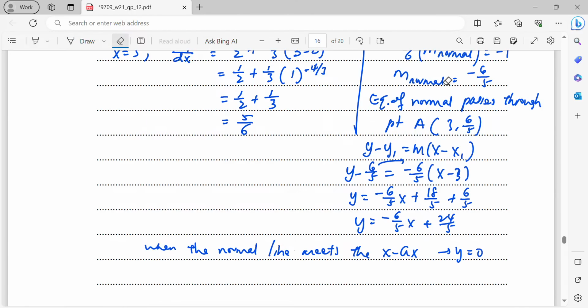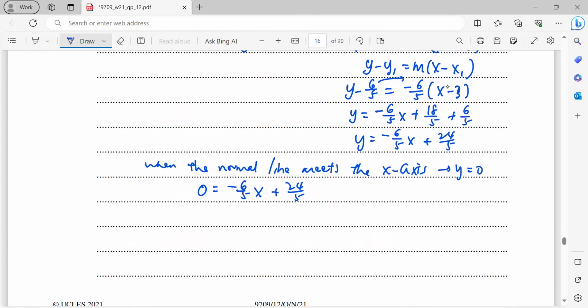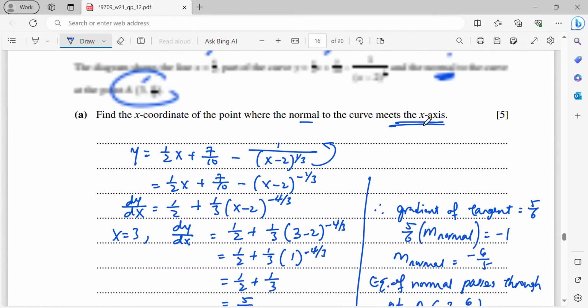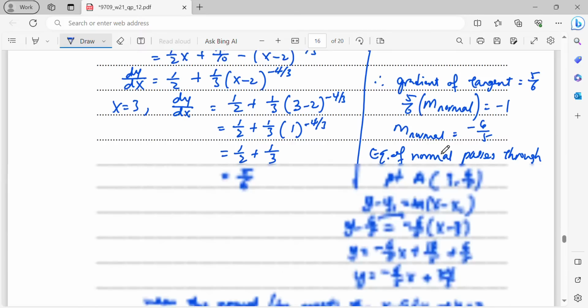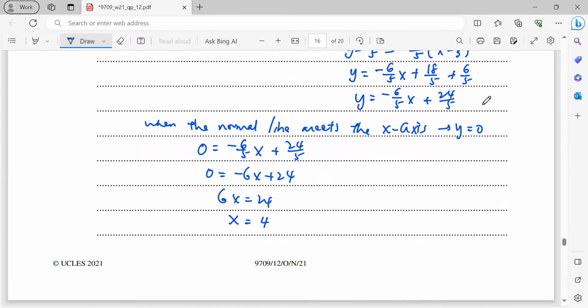So now I need to find the x value. So 0 equals minus 6 over 5 x plus 24 over 5, which means 0 is minus 6x plus 24. So 6x is 24, hence your x is 4. So that's the x-coordinate of the point where the normal line meets the x-axis.